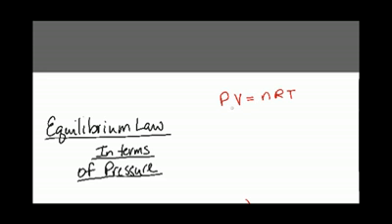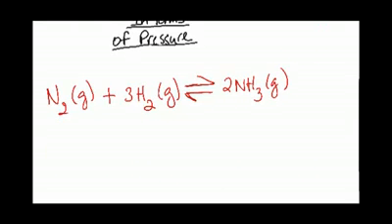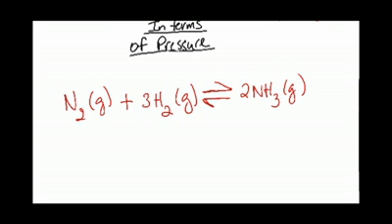And what you can see from this is if you solve for pressure, you can see that the pressure is proportional to the molarity times the gas constant times the temperature.